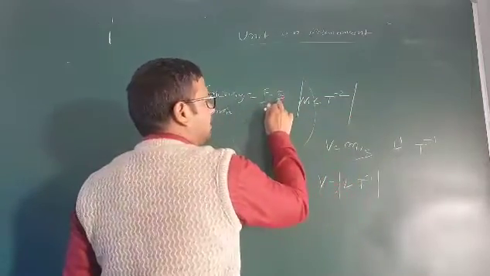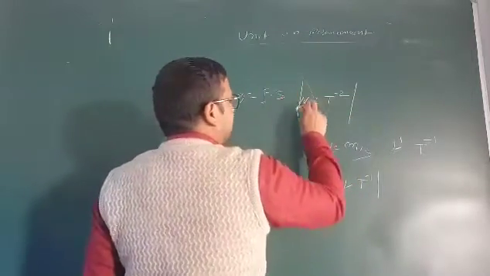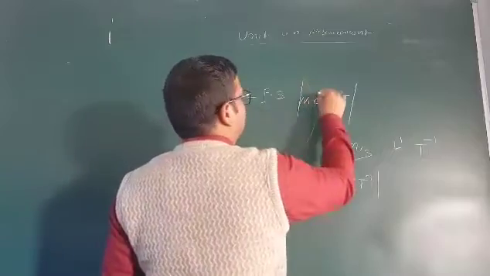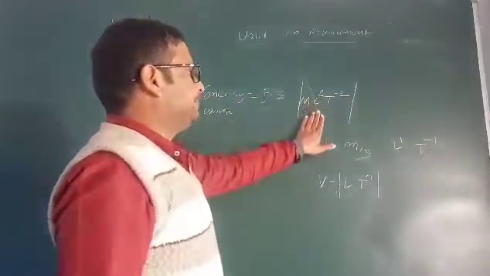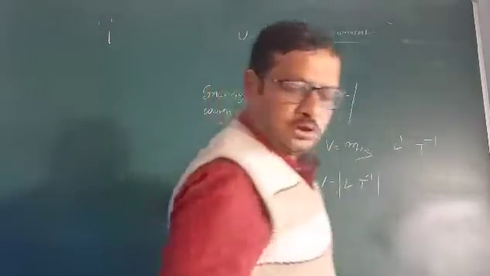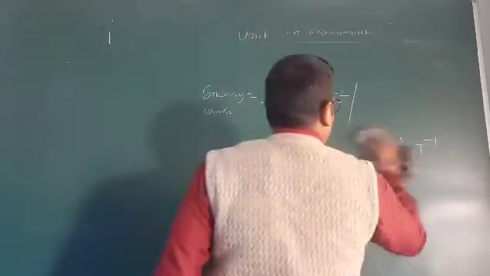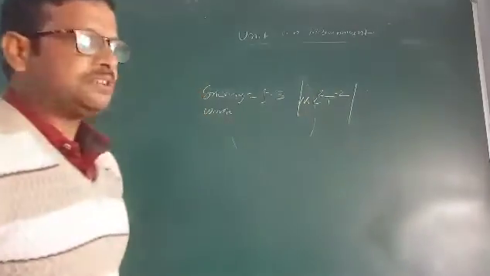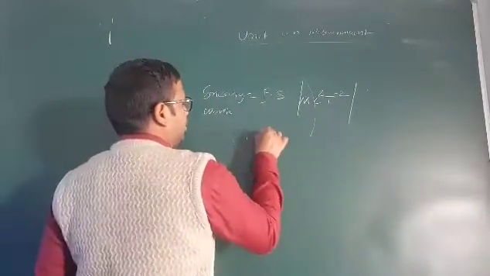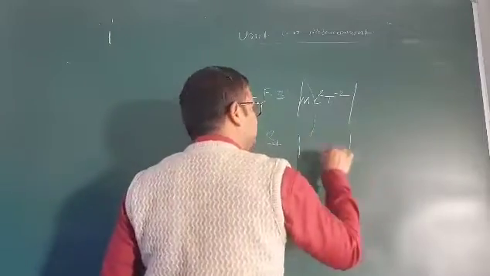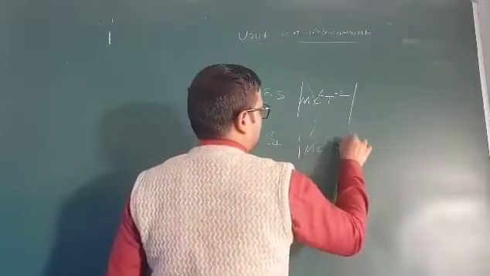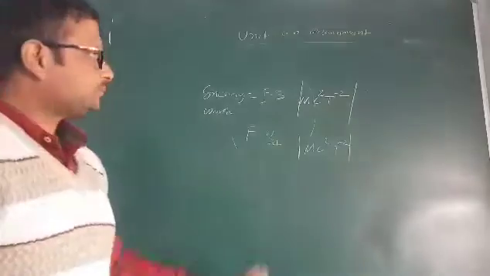When you multiply displacement, the length, then what will be the total dimension of energy? M L squared T minus 2. Work can also have the same dimension, M L squared T minus 2. One thing more, torque also has the same formula, force into perpendicular displacement, so it also has the same dimension, M L squared T minus 2.